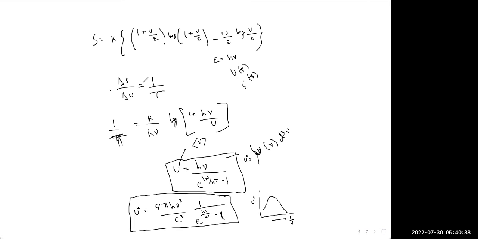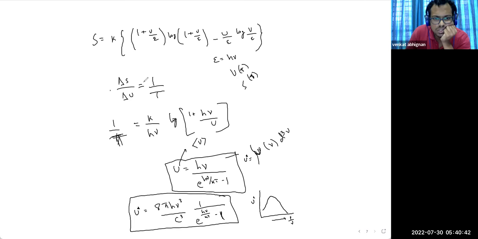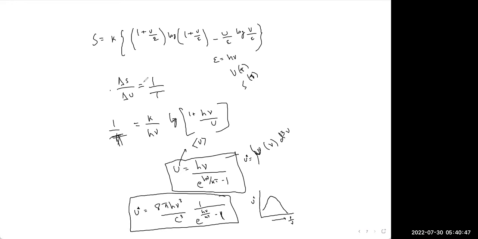Here 1 by T is the rate of change of S with U, something like that, right? Yes. So that can also be thought of as an alternative, statistical definition for temperature.